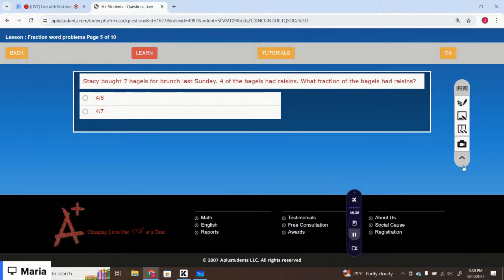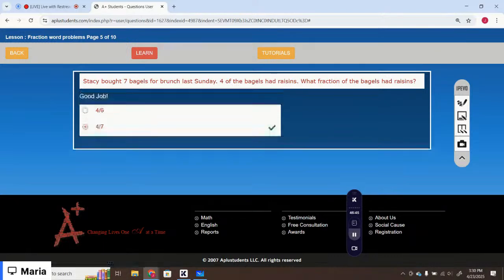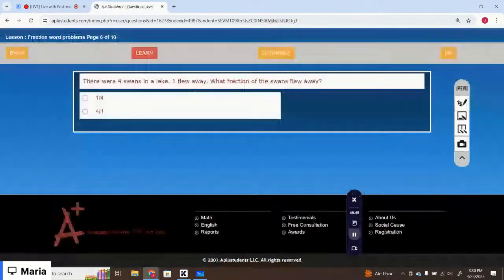That is 4 out of 7. Option number 2 is the correct option. There were 4 swans in a lake, and one flew away. What fraction of the swans flew away?